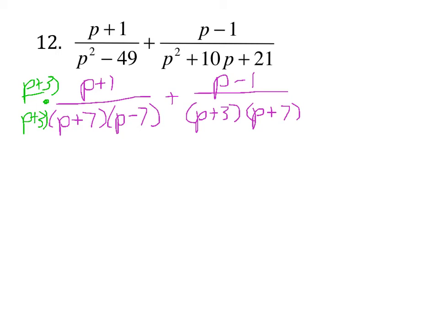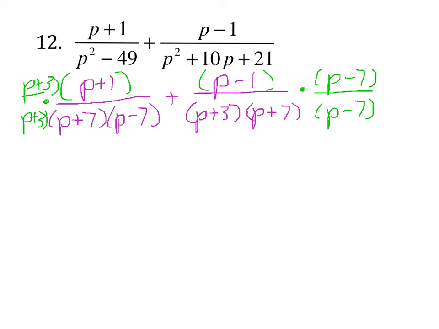And in my second fraction, I need to multiply by a p minus 7. And then my common denominator will have all three pieces that it needs. I'm also going to put the p plus 1 and the p minus 1 in parentheses so I remember to FOIL.